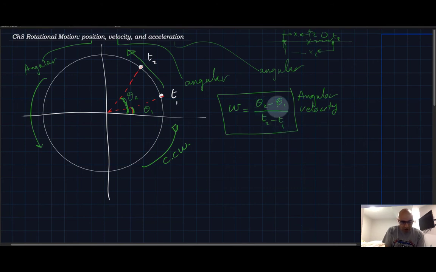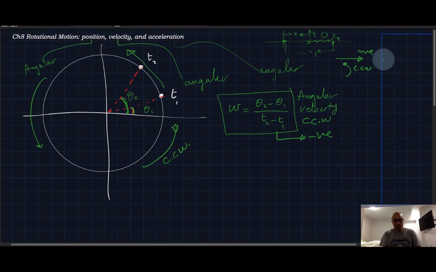If theta 2 is bigger than theta 1, this is counterclockwise. And just to talk about sign, the sign would be always positive. Just like when you are going to the right in the x-axis, that's always positive. So going counterclockwise is the same as going in the positive direction in the x-axis for linear motion.